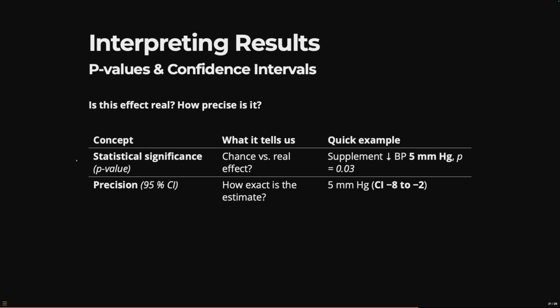I do want to state that the actual definition of p-values can be complicated. But in practice, you just want to look at, is it significant? Is it under that 0.05 threshold? How much is it under? Is it close to that threshold?